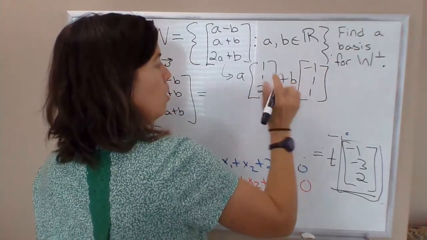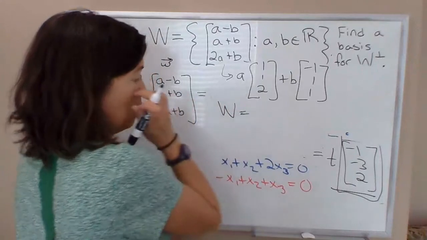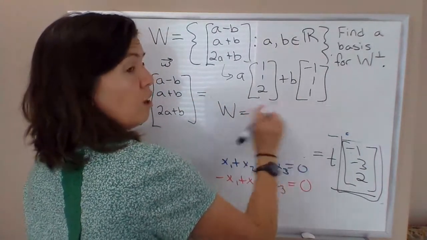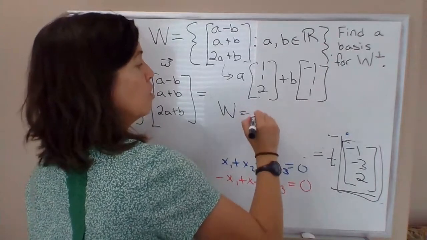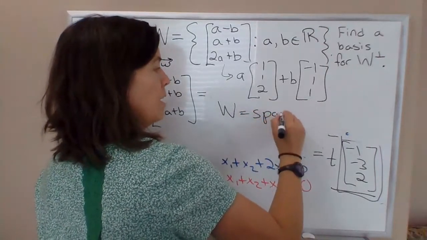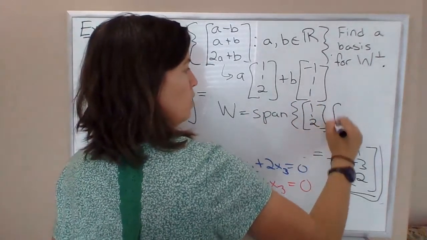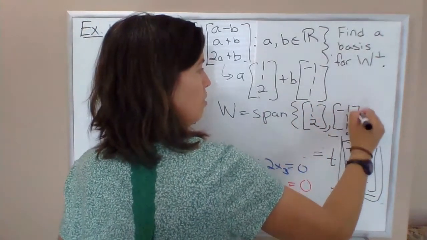So another way to express W, where A and B are any real numbers, is the collection of all linear combinations of these two vectors. So W is equal to the span of 1, 1, 2 and negative 1, 1, 1.